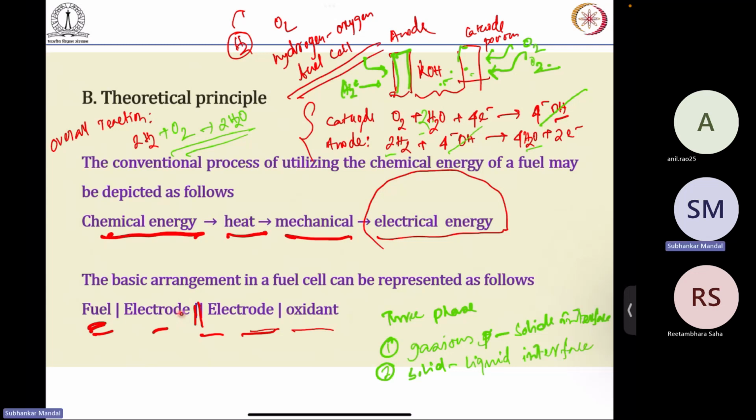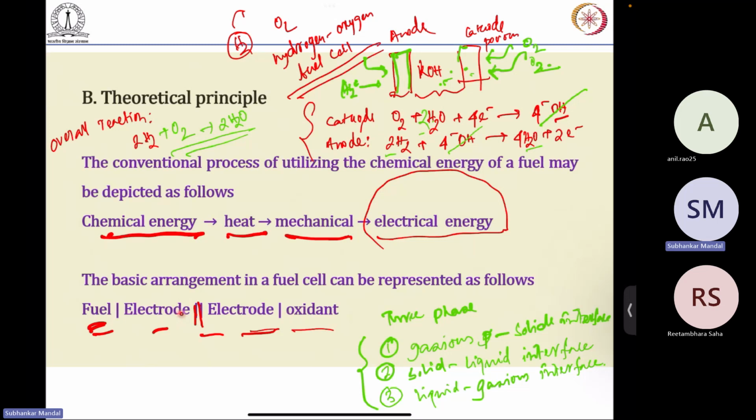And the other is the liquid-gaseous interface. So these are the three key interfaces in a fuel cell, or in an air battery also, which has three phases or three interfaces of different catalyst as well as the reactant.